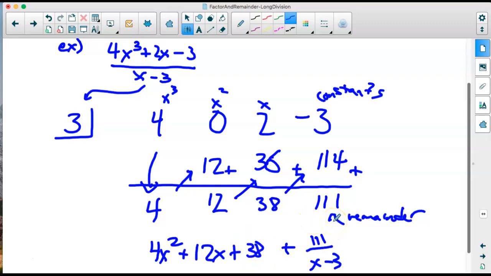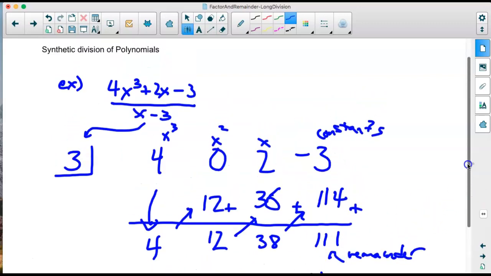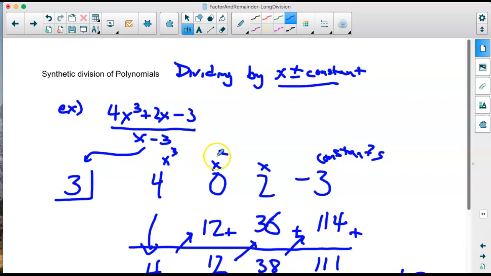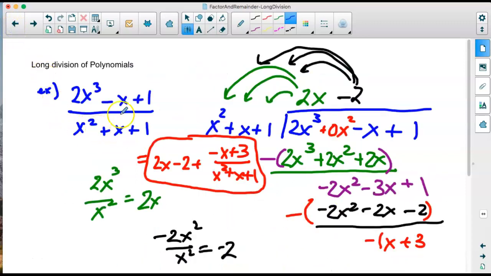We can only use synthetic division if we're dividing by x plus or minus a constant. We cannot use synthetic division unless you're doing that. So all the ones I showed you at the beginning, we couldn't do synthetic division on this one because it has an x squared.